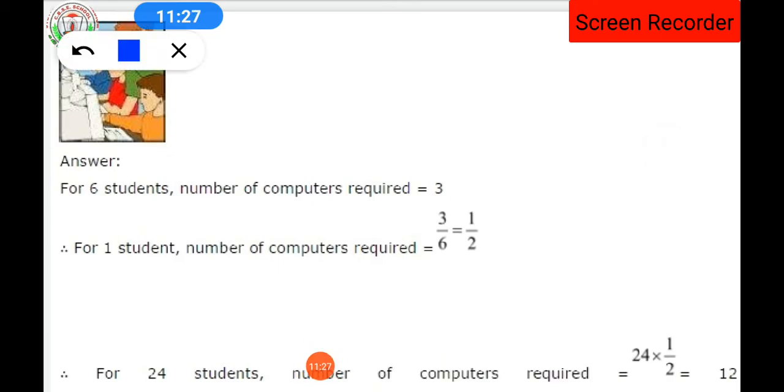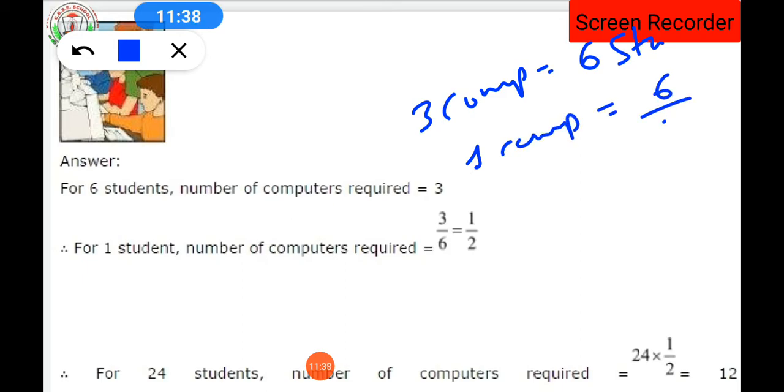So 3 computers, 6 students. One computer will be used by how many students? 6 divided by 3. Here 3 ones are 3, 3 twos are 6. So we get the answer as 2 upon 1.